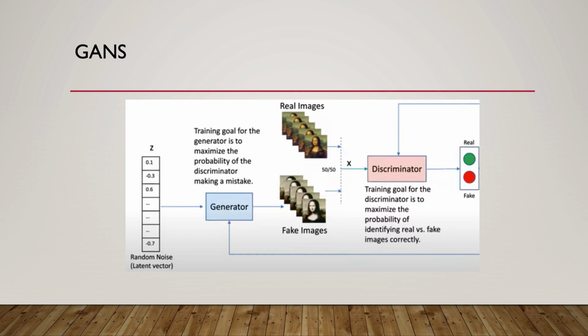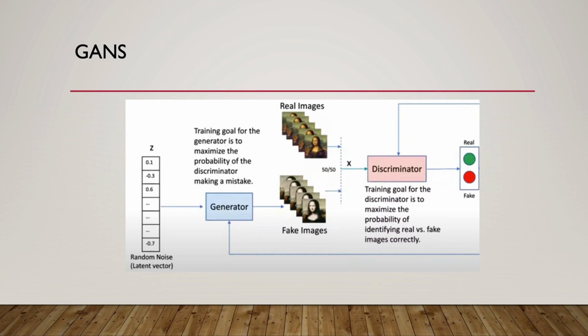So let's look at GANs in action. So GANs learn a loss function. From here we see the training goal for the generator is to maximize. So this is the input in the first section of our screen here, and this is being put into the generator. So the training goal for the generator is to maximize the probability of the discriminator making a mistake by creating fake images. Now the discriminator also has a set of real images which it compares the images being generated by the generator against.